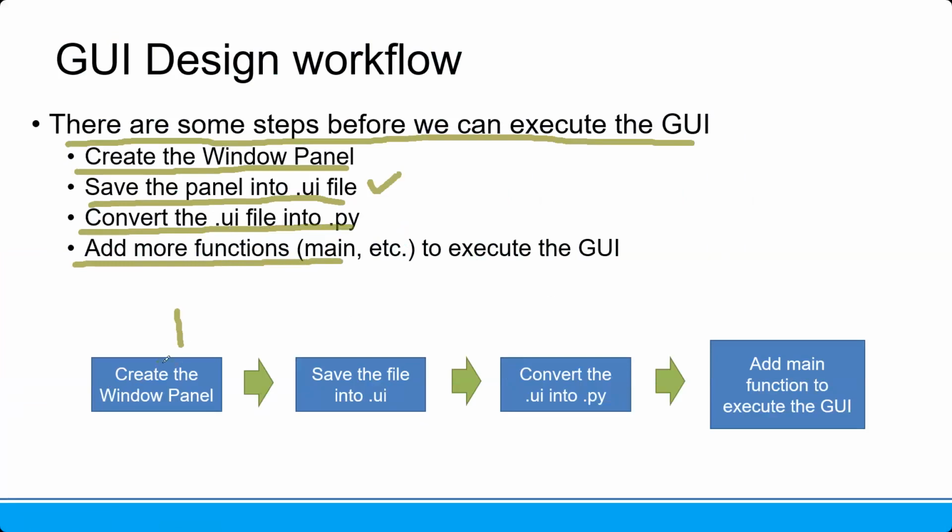The first is to create the window panel, and then save the file into the .ui, and then convert or modify the user interface to .py, and then add main function to execute the GUI.